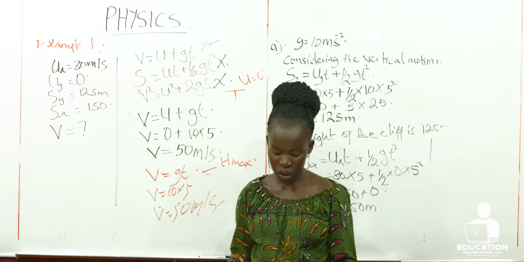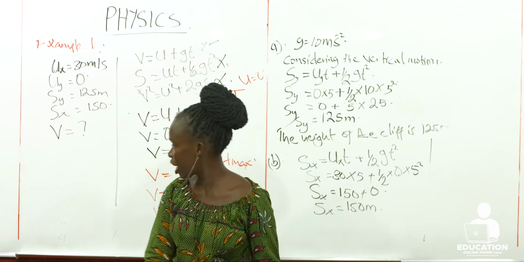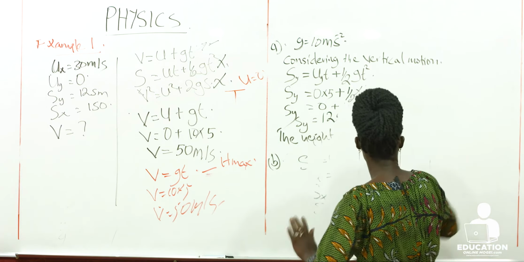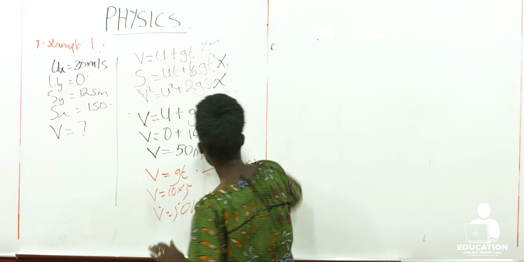a bomb which is released from a jet fighter plane moving with a velocity of 400. This one was from the top of the cliff. Now let's check this other example here.